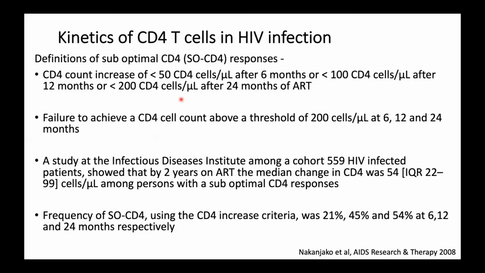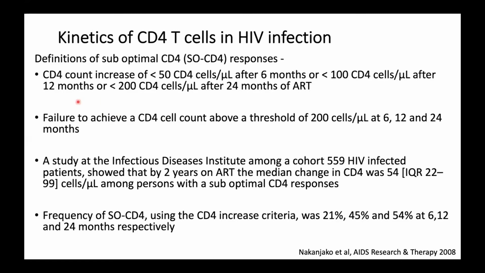And so in this study that was done in Uganda, one example of the definition was really for those who had a CD4 count that remained less than 50 after 6 months of ART, or less than 100 after 12 months of ART, or less than 200 after 2 years of ART, were defined as having suboptimal CD4 responses.